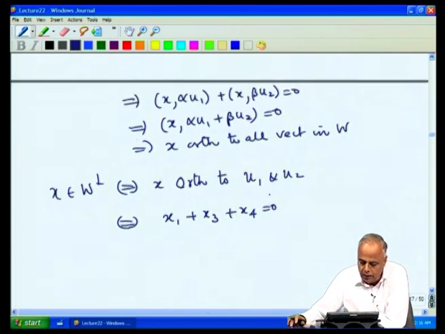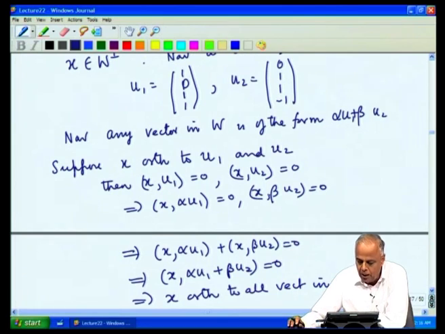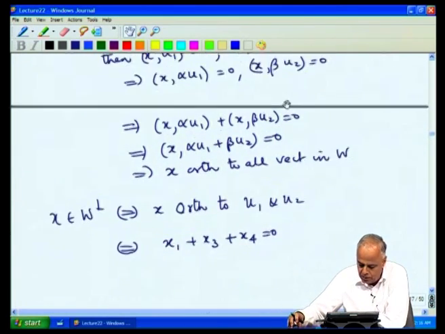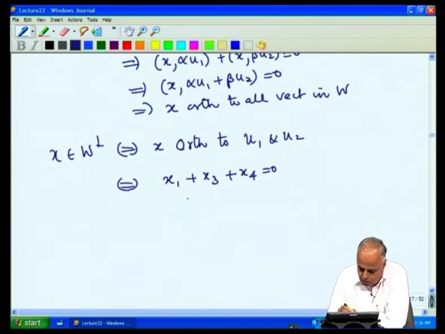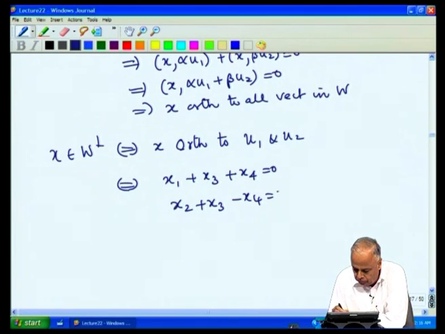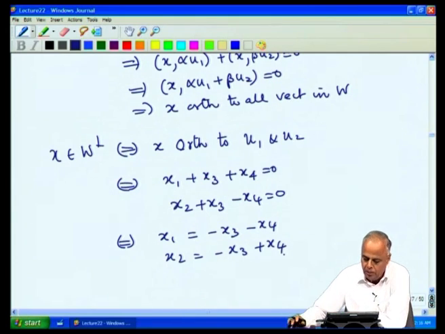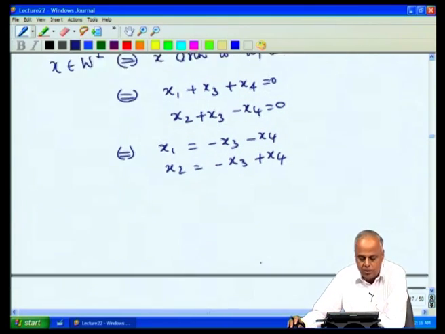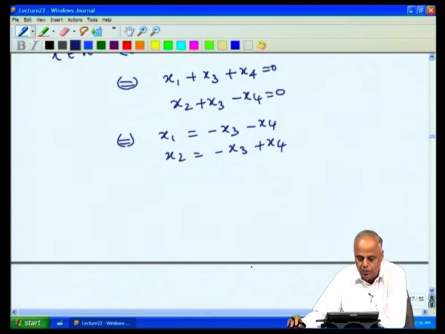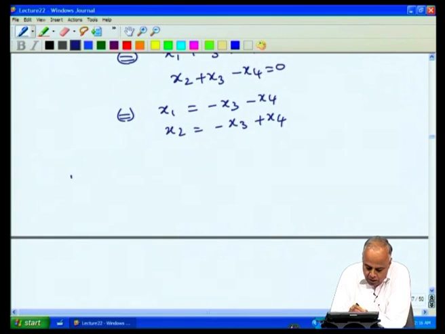Now, the orthogonality with u2 will give me x2 plus x3 minus x4 is equal to 0. The first equation gives me x1 equal to minus x3 minus x4, the second equation gives me x2 equal to minus x3 plus x4. So, x3 and x4 can be chosen arbitrarily, then x1 and x2 have to be chosen like this.